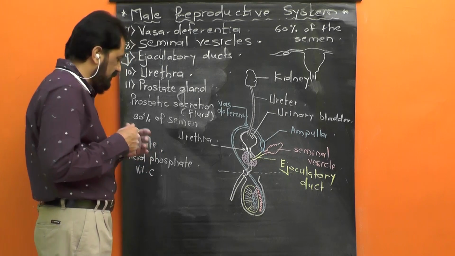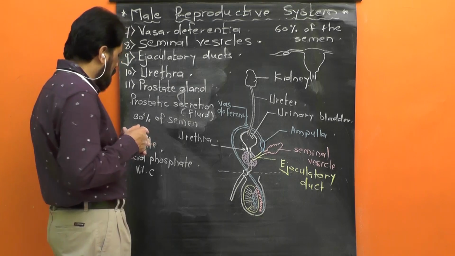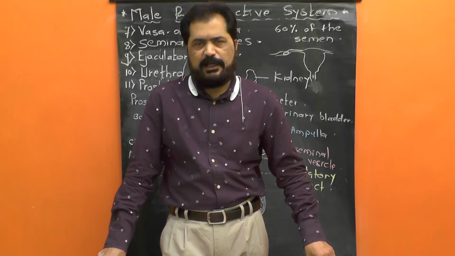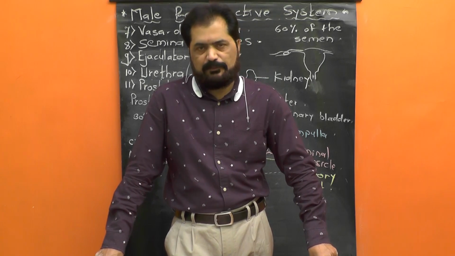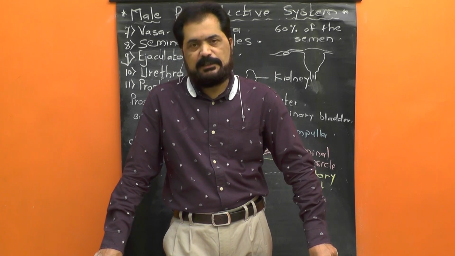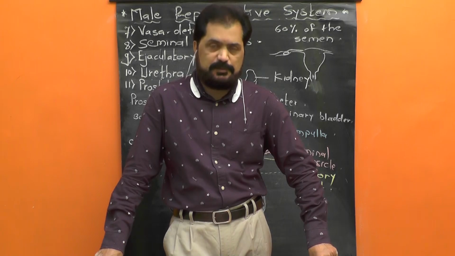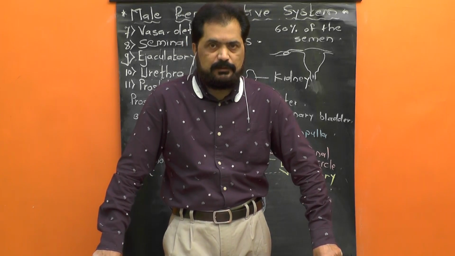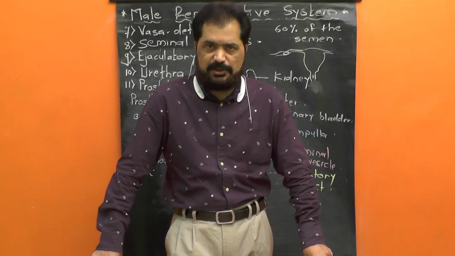It contains these different substances. Now, the major role of this prostatic secretion is to nourish and activate the sperm. To nourish and activate the sperm, or in other words we can say it helps to increase the motility and viability of sperm. Motility, that is ability to move, necessary to reach up to the ovum at the time of fertilization.